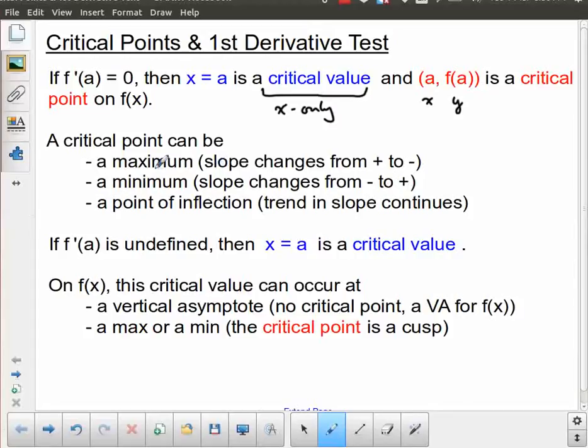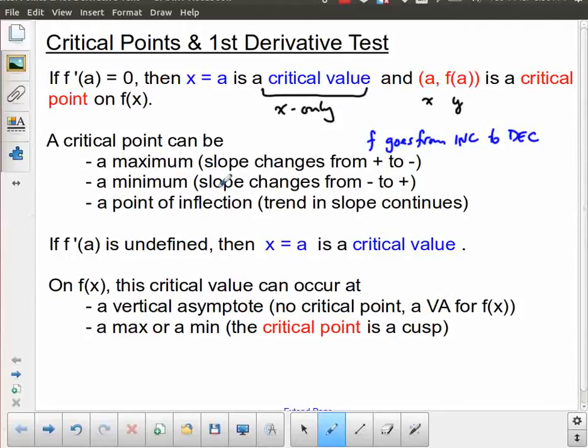So a better way to describe a maximum is when your slope is changing from positive to negative. Another way to say that would be also that the function goes from increasing to decreasing. Same idea, because an increasing function has a positive slope, a decreasing function has a negative slope.